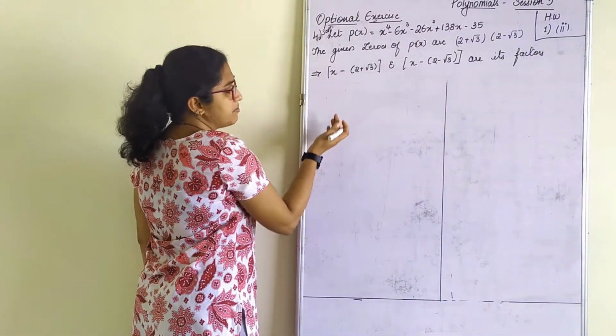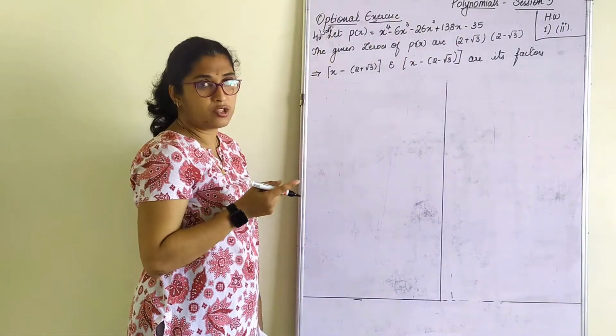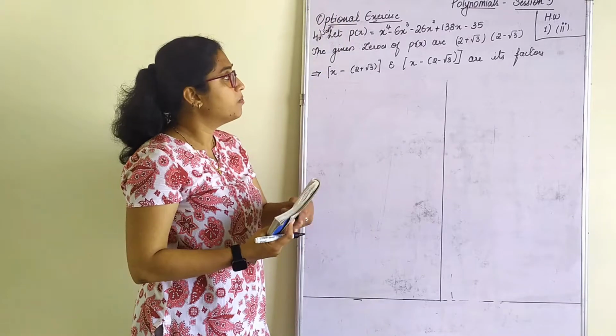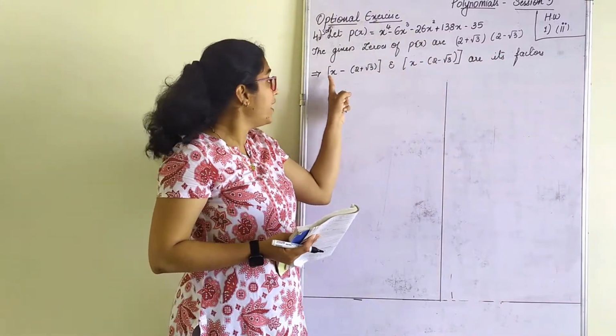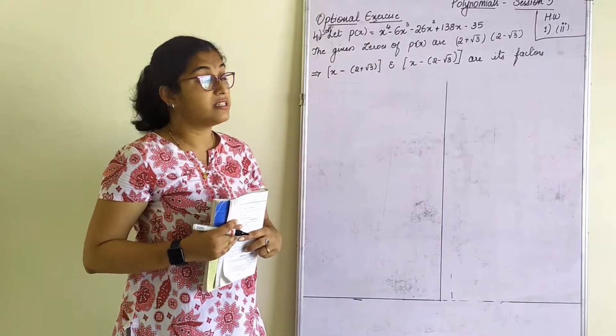Okay? See, why x minus? Suppose if this was only root 3, I would have written x minus root 3, whatever it is. Both are in the form of plus only. So x minus 2 plus root 3 and x minus 2 minus root 3 are its factors.